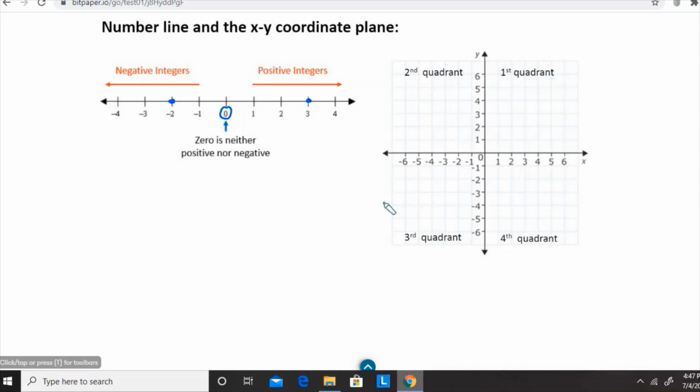When you put two number lines perpendicular to one another and construct a two-dimensional grid, that's what we call an xy coordinate plane. So remember, a number line is one-dimensional.